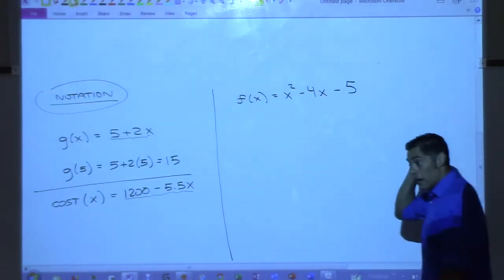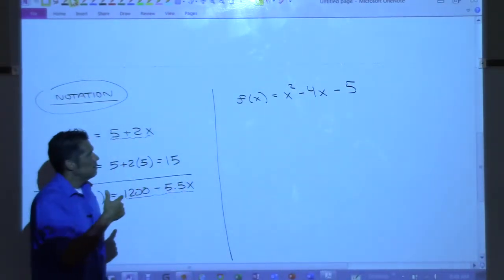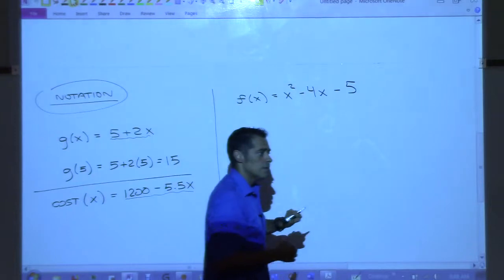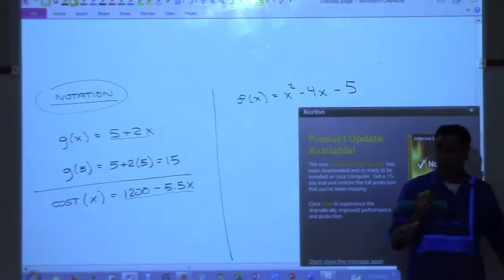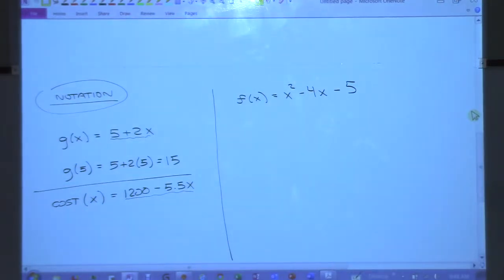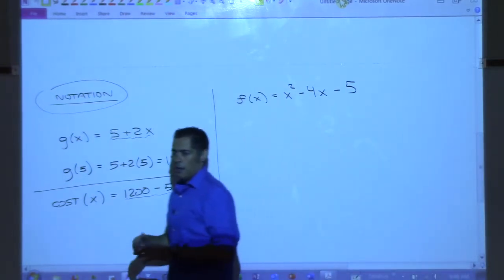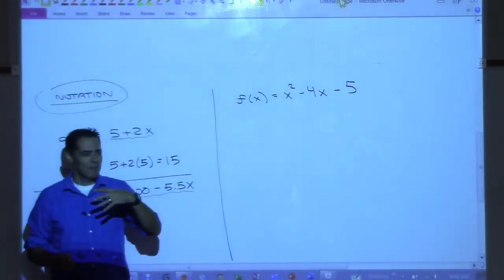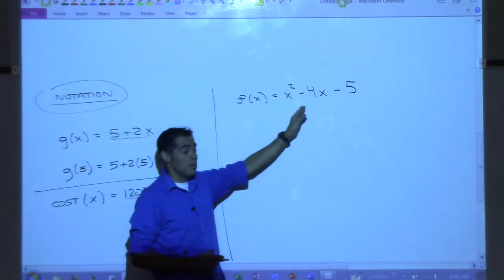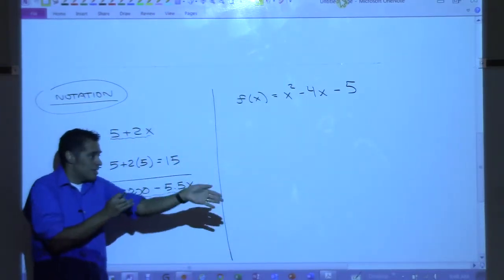Okay, so again, how do you know that this is a function? Because of the notation, right? Because I'm using this notation, you can assume that every input goes to exactly one place.